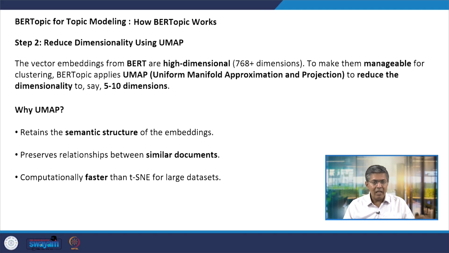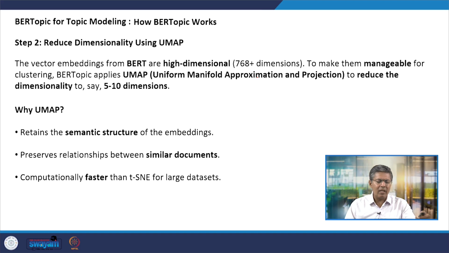But as we said, there are a lot of dimensions. The vector is so long. Now, we will reduce dimensionality using UMAP. The vector embeddings from BERT are high dimensional, 768 plus dimensions. To make them manageable for clustering, BERT applies UMAP, Uniform Manifold Approximation and Projection, to reduce the dimensionality.